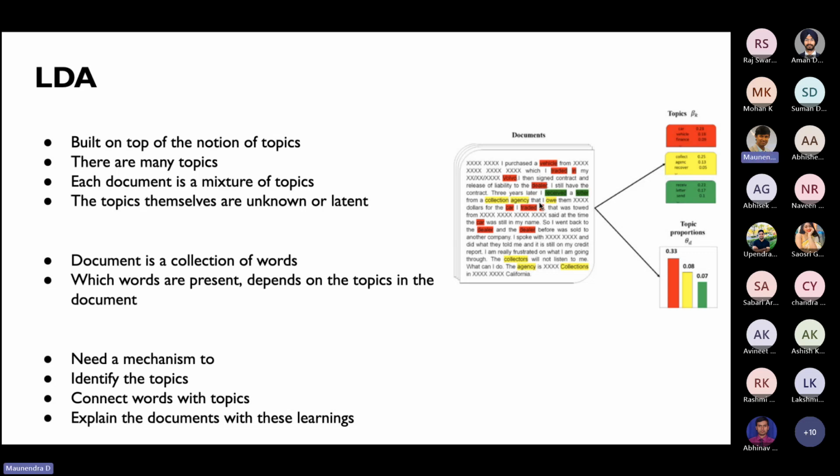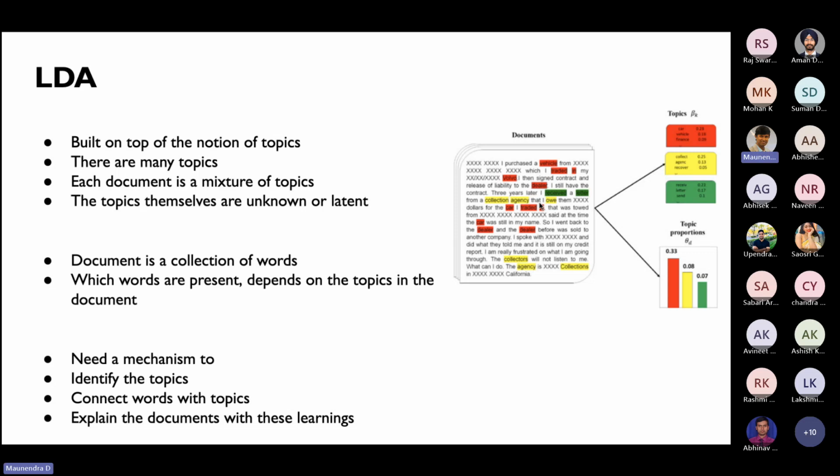Across documents, these proportions will be different, and inside a document also for all the topics the distribution may be different, and these topics themselves are unknown or latent. Okay, so nobody told us that okay, these are the topics that we are trying to find. So here the first 4 bullet points, if you look at, this identifies the problem setup.